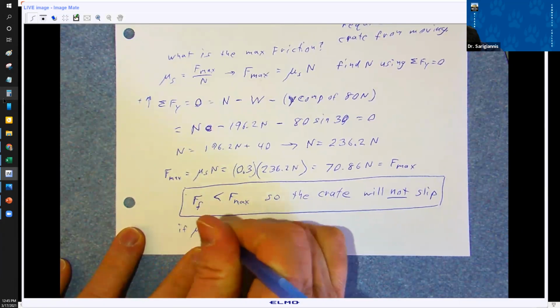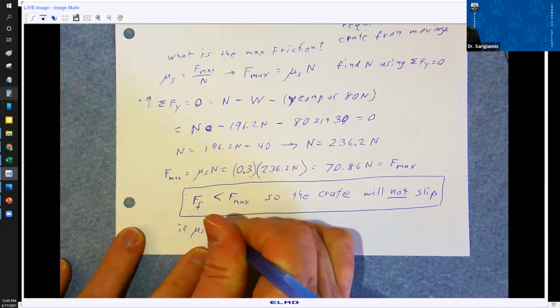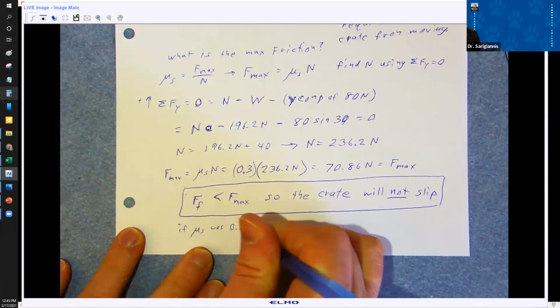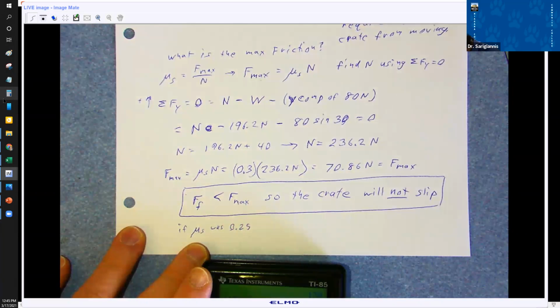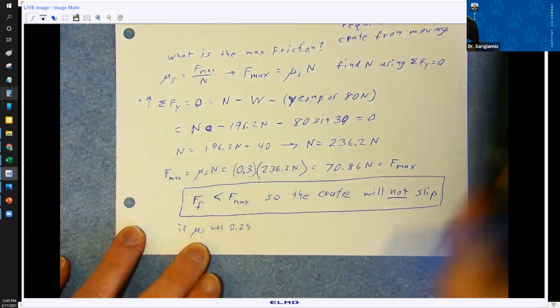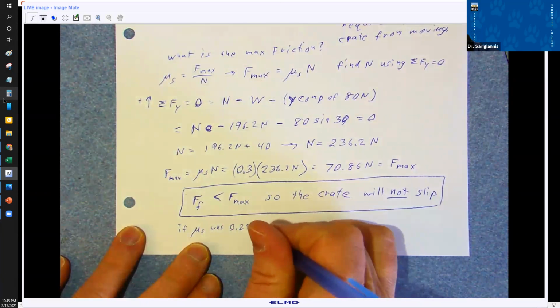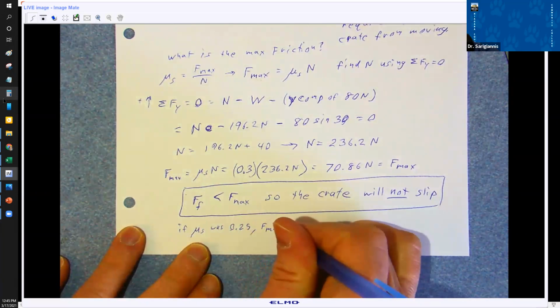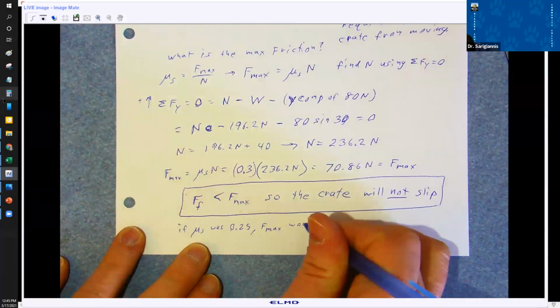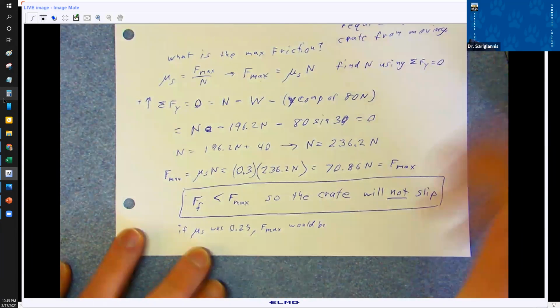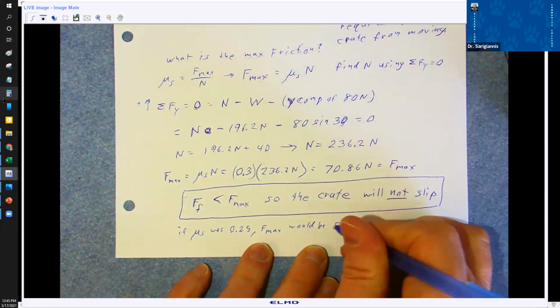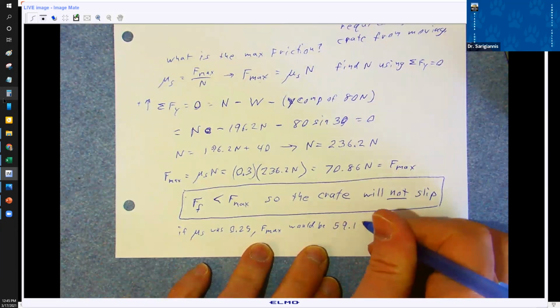If mu s was 0.25, right, what would I get then? I would get 236.2 times 0.25. F max would be 59.1 newtons.